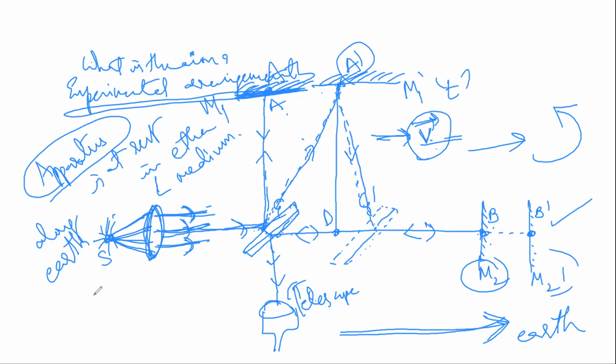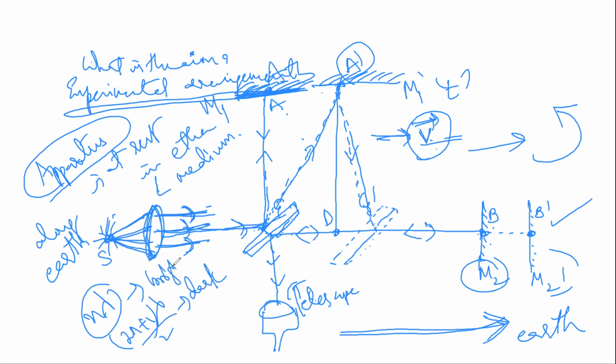Because we have to calculate the path difference, right? Path difference n lambda gives you maximum, and path difference (2n+1) lambda by 2 is minima, dark. And this is bright, or maximum. Now the reflections will not take place at A, but at A dash and B dash.